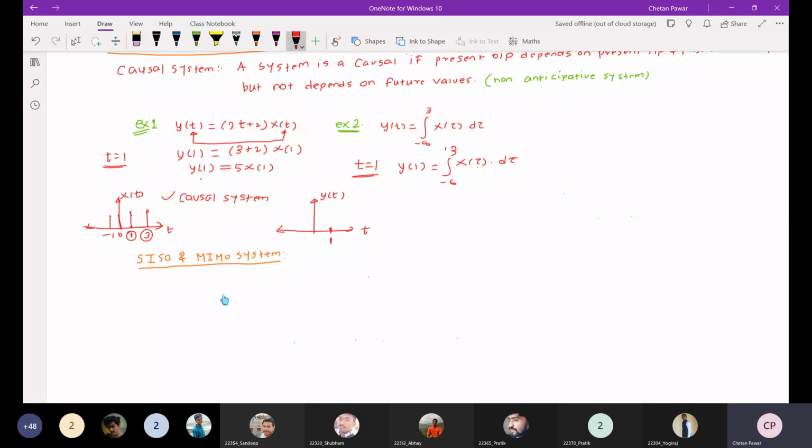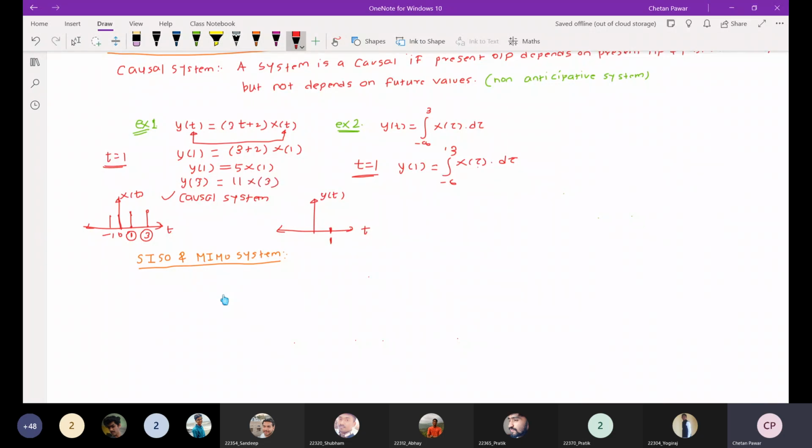Here, if you want to calculate the output value at time instant 3, y of 3 is equal to 3 into 3, 9, plus 2, 11 into x of 3.